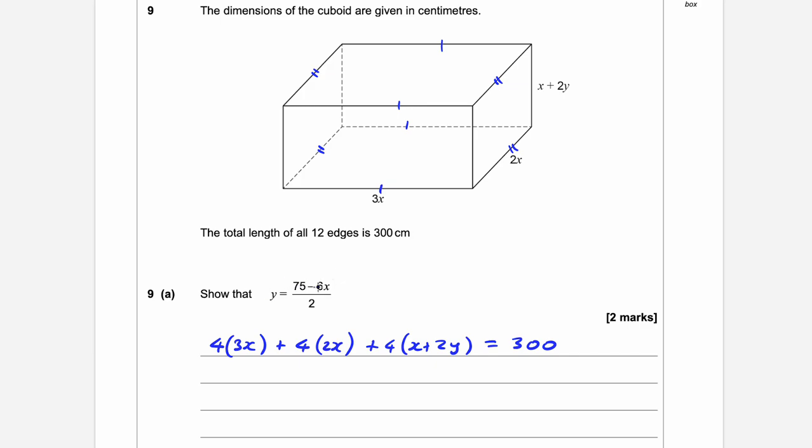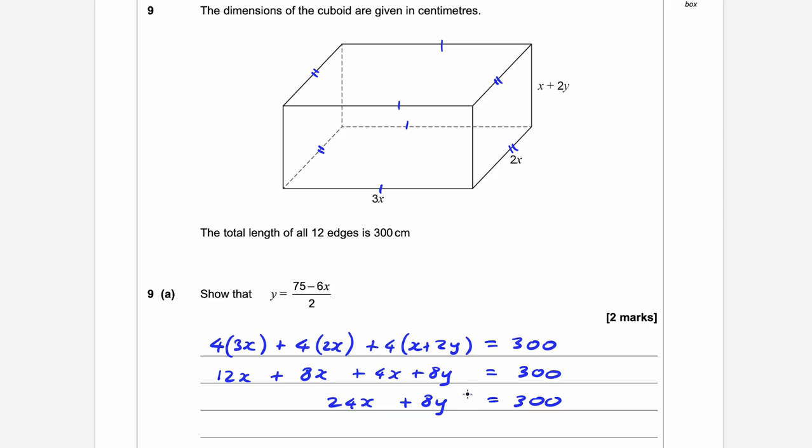Okay, now we're trying to show this. So fine, let's multiply this out. This is 12x plus 8x plus 4x plus 8y equals 300. Add the x's. This is 24x plus 8y equals 300. Okay, divide everything.